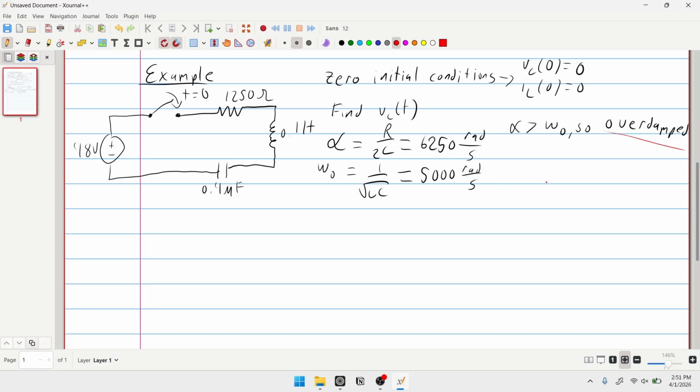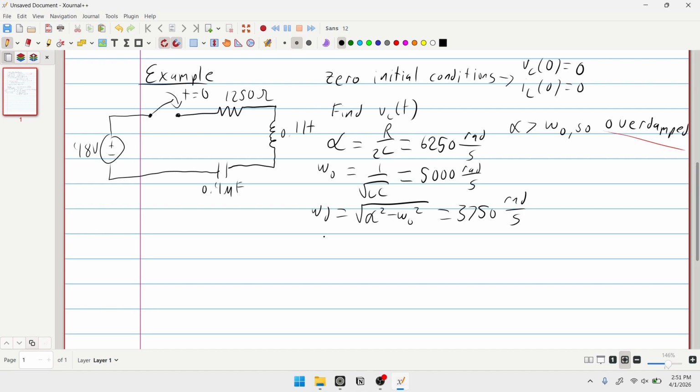Knowing this, we need to find our omega d, which is the square root of alpha squared minus omega naught squared. If we plug this into our calculator, we get 3,750 radians per second.